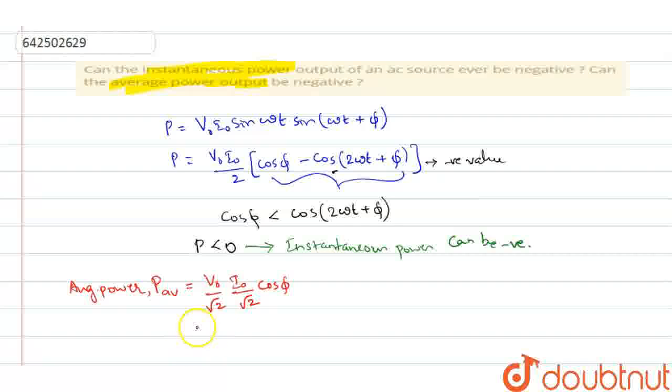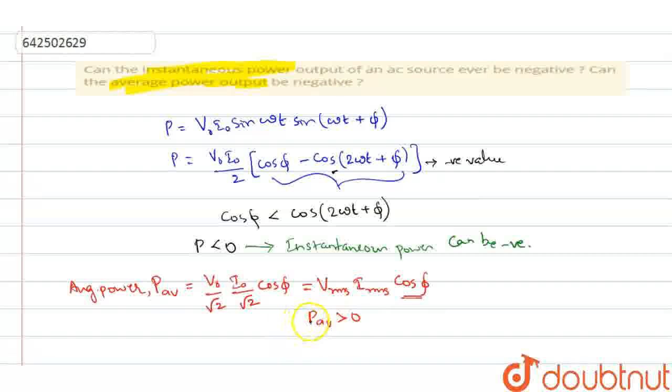So V naught by root 2 will be equal to V RMS, I naught by root 2 will be I RMS, into cos phi will be the average power, where phi, you know, is the phase difference. So when you have only cos phi, P average will be greater than 0.